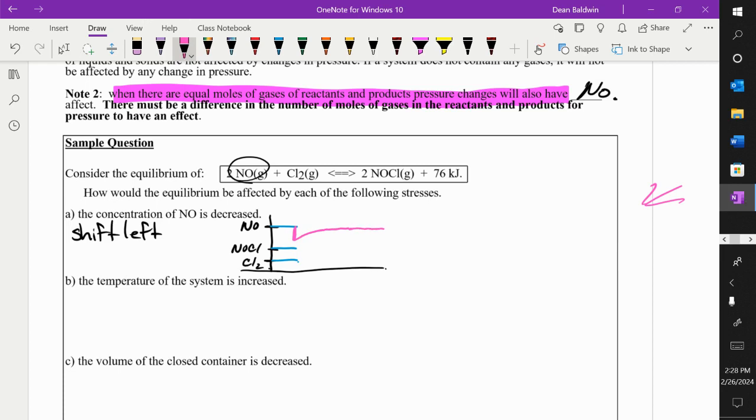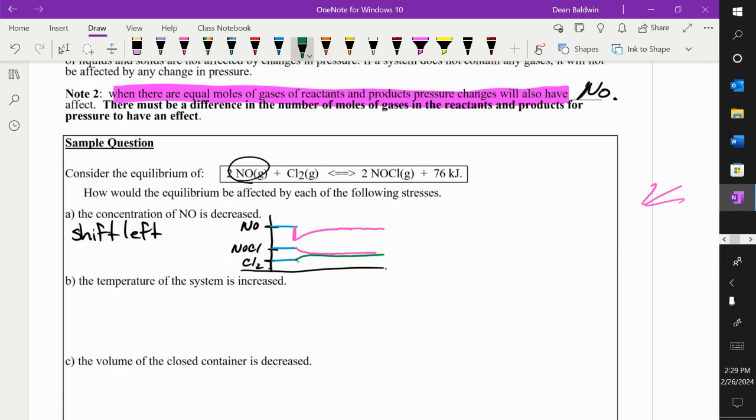Okay, what does the NOCl do? It's going to decrease until it levels out. And then what's Cl2 going to do? It's going to go up. I don't know what this reaction's equilibrium is, so I'm just going to show it increasing.